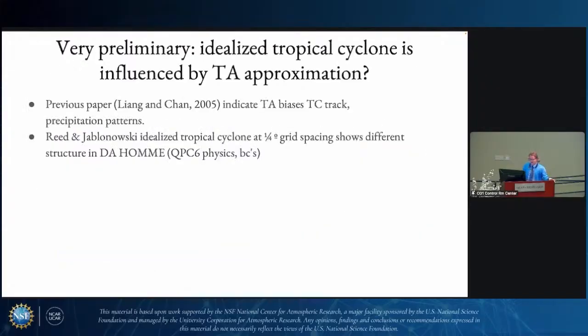One other thing, changing gears a little bit: there is a paper from 2005 indicating that the traditional approximation biases tropical cyclone tracks and precipitation patterns. So an additional simulation I performed used Reed and Jablonowski's idealized tropical cyclone initial conditions, which I ran with aquaplanet physics at quarter-degree grid spacing.